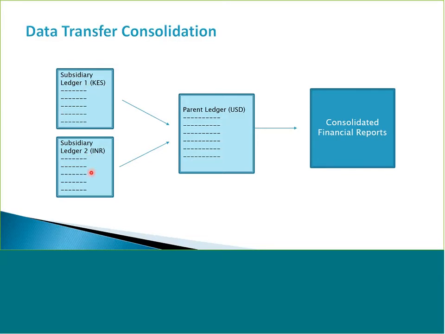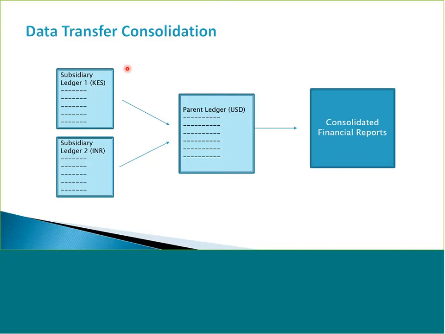We can transfer the information from these two subsidiaries to the parent ledger through consolidation, and then we can do combined reporting from the parent ledger. Of course, there are other things that need to be done before this consolidation is carried out properly, but we are going to look at that.